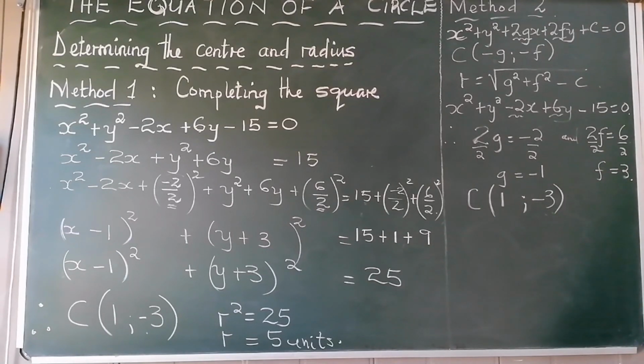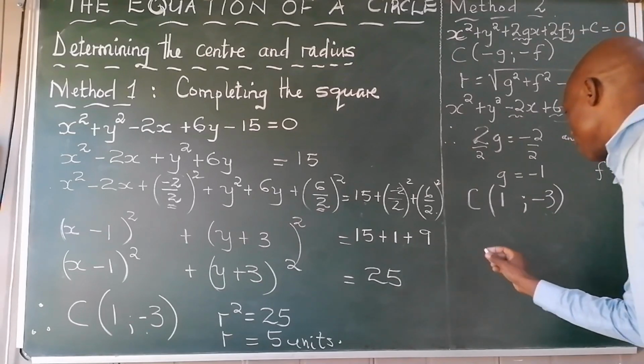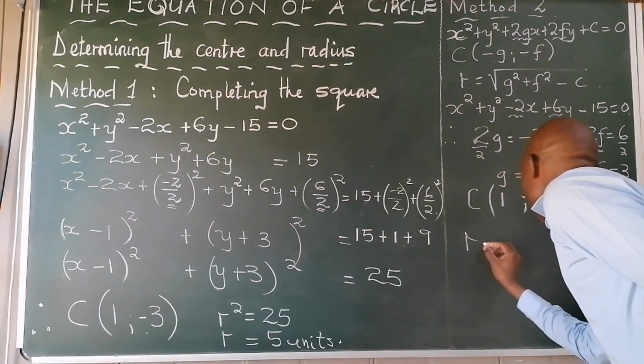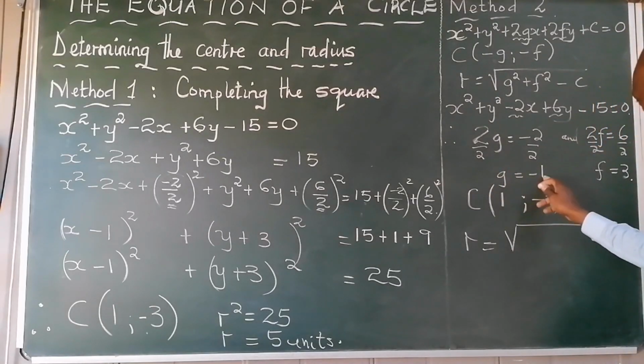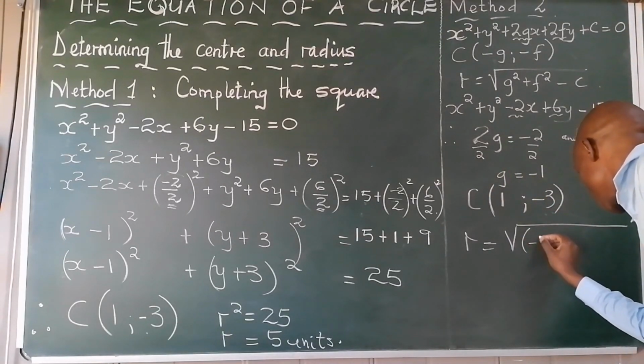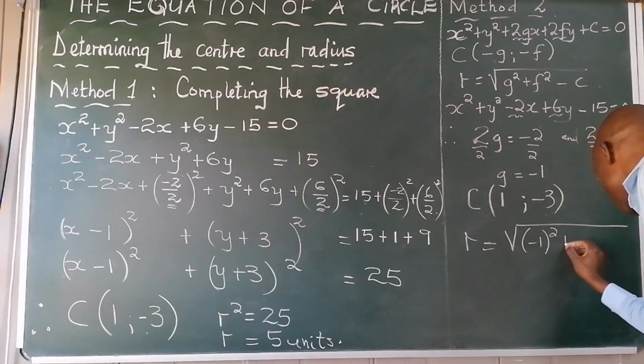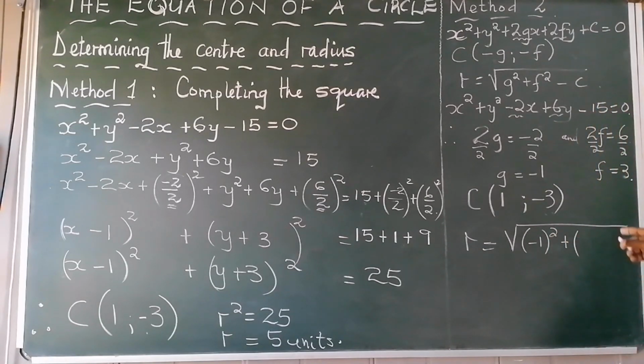Then the next one is to find the radius. So our radius would be equal to the square root of, our g was negative 1, so that would be negative 1 squared plus our f was 3, so 3 squared, and then minus the value of c.